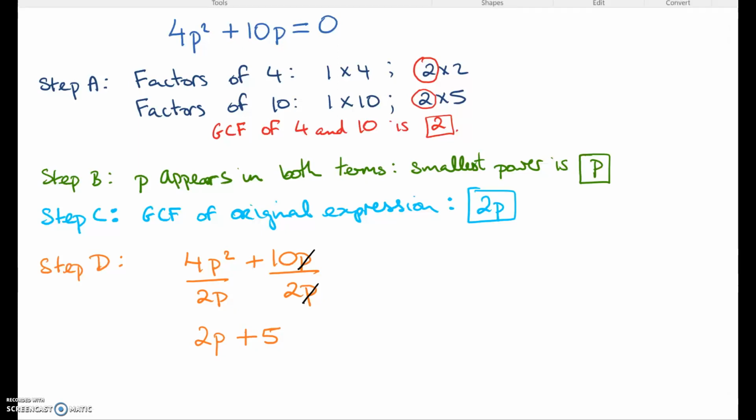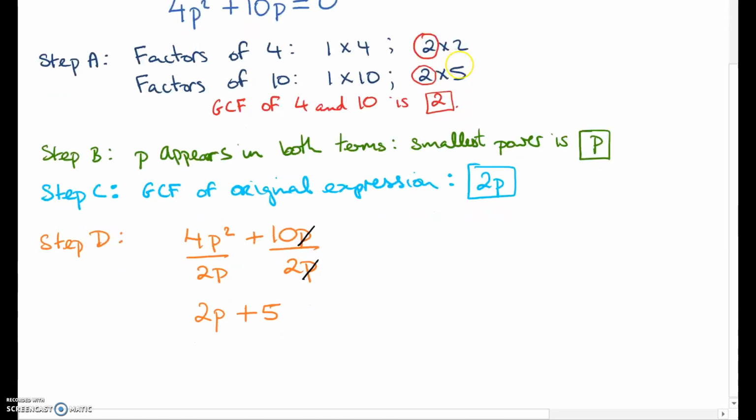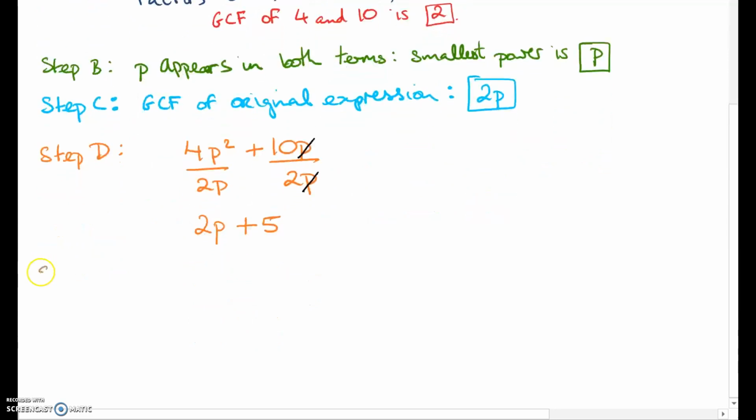So we're nearly there at this point. Step E is to take the result that you just had from D, 2p plus 5, write it in parentheses, and then from step C, write your answer from step C on the outside.